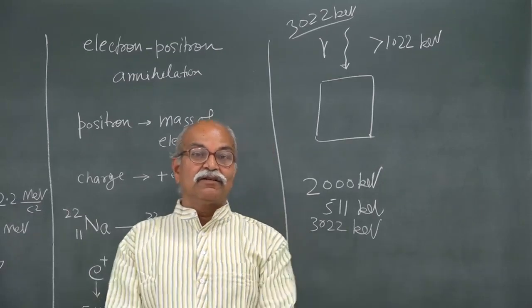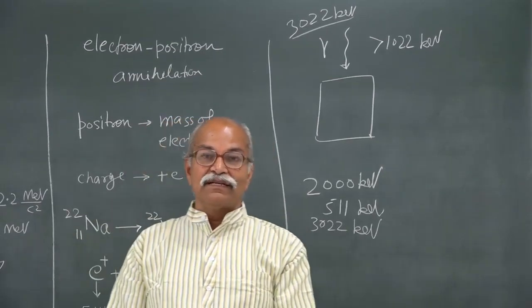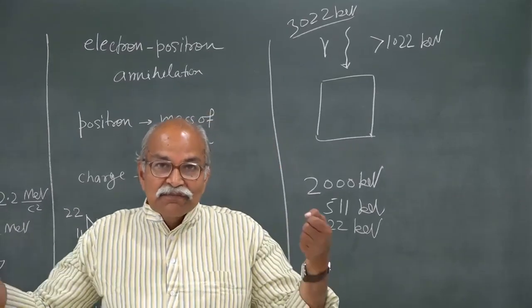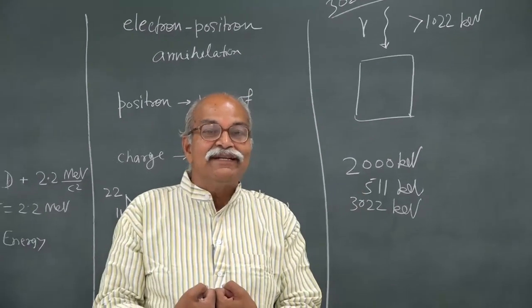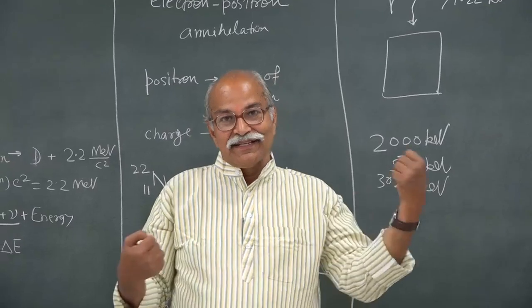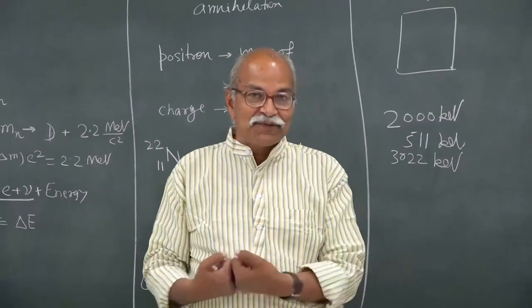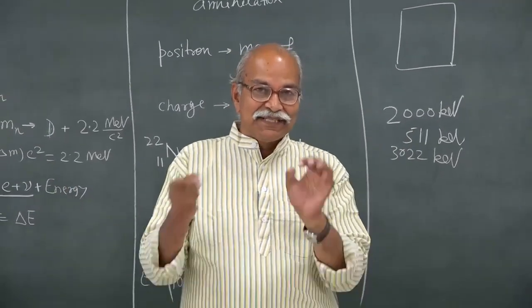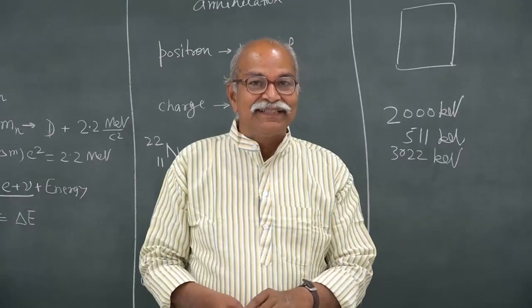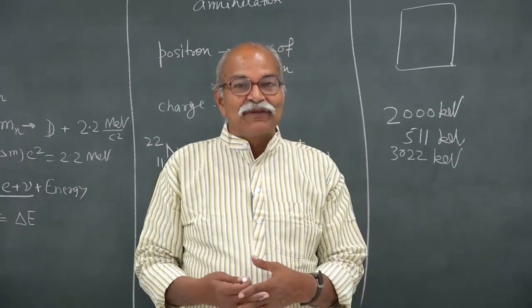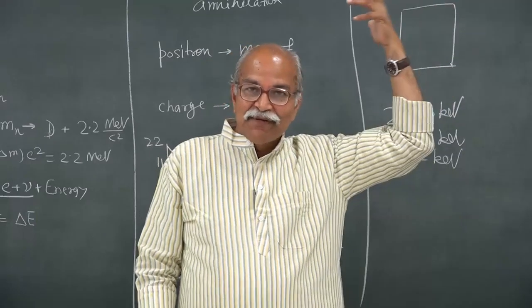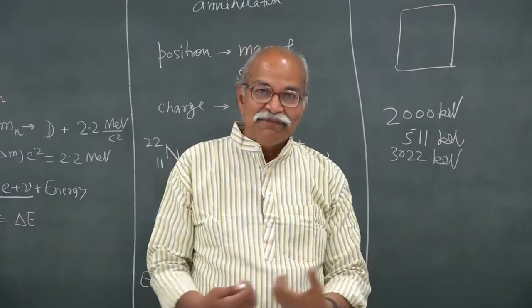You have heard of the Large Hadron Collider, where proton beams are collided against each other, and the energies are in tera electron volts, very high energy. This is the latest high energy collider, but before that also people had been working with collisions of proton beams.